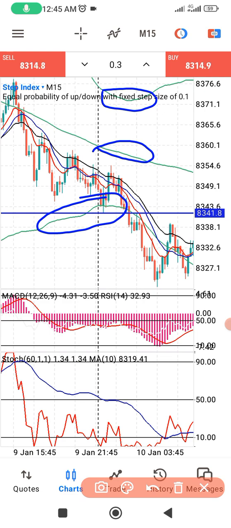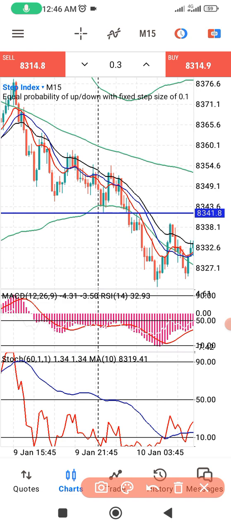Then looking at my chart, you will see that there are some moving averages, which are these lines you are seeing here. I have moving average 10 exponential, moving average 15 simple, and moving average 25 exponential.